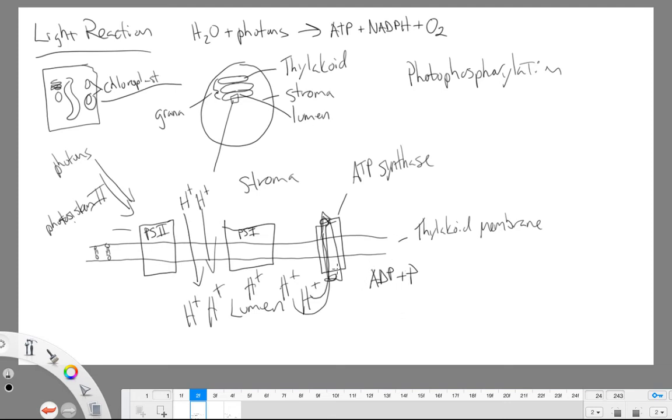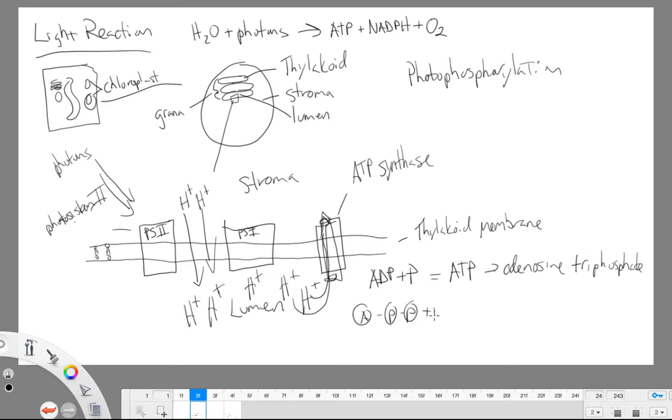And when you combine these, when they get pushed together, they make ATP, or adenosine triphosphate. So if we're looking at an ATP, it is an adenosine molecule and 3 phosphate molecules.